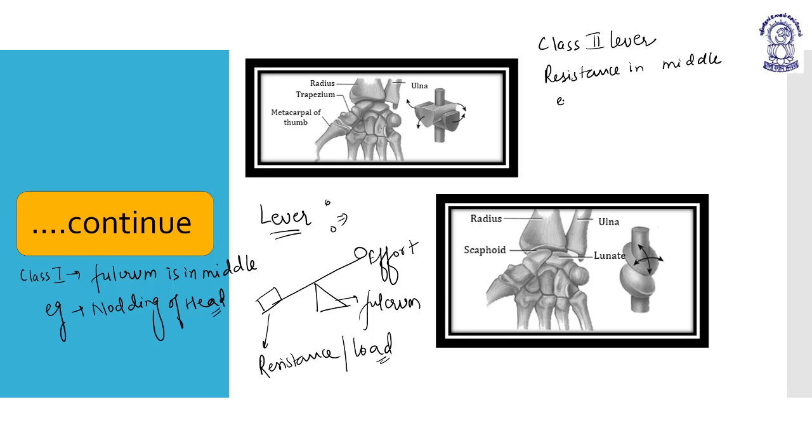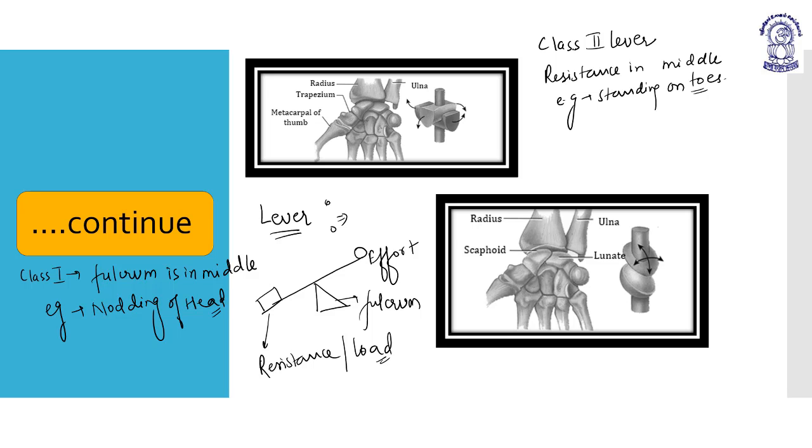Example: standing on toes. The class 3 lever has effort in the middle. So in the class 1 lever, the fulcrum is in the middle.